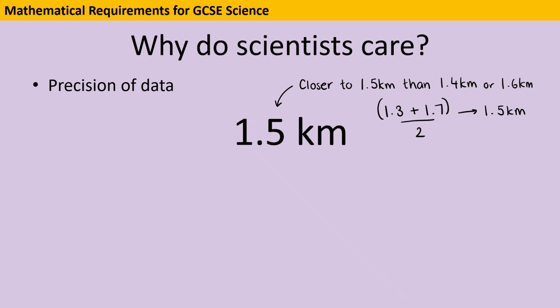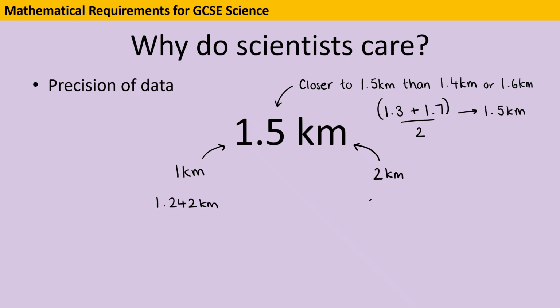But let's say instead of having those 2 people, I have 2 other people, and all I know is that one of them has walked 1 kilometre to the nearest kilometre, and another one has walked 2 kilometres to the nearest kilometre. As a non-scientist, you might be tempted to say that the average distance they've walked is 1.5. But that only makes sense if I've measured to the nearest 0.1 kilometre, which here I haven't.